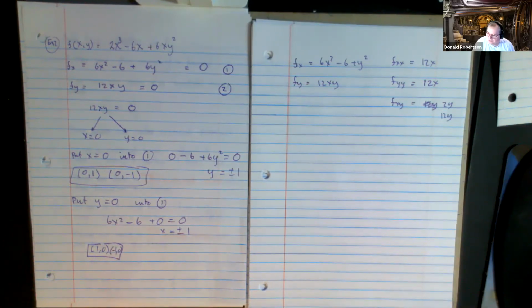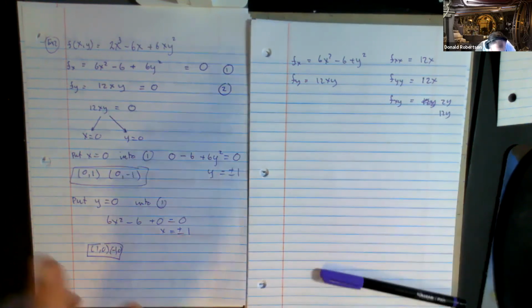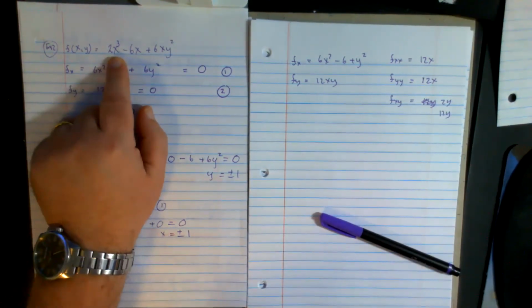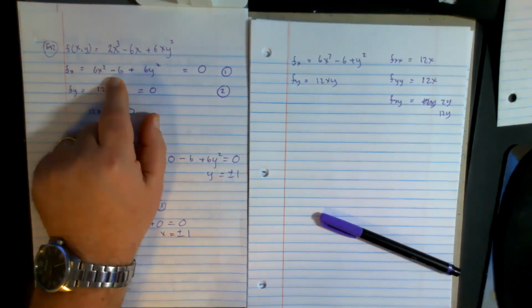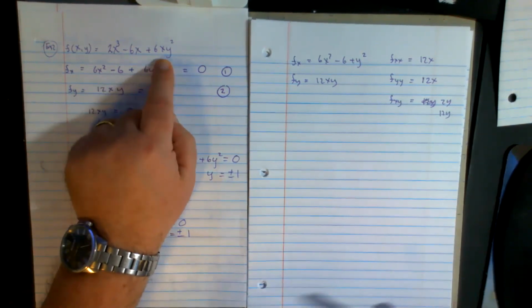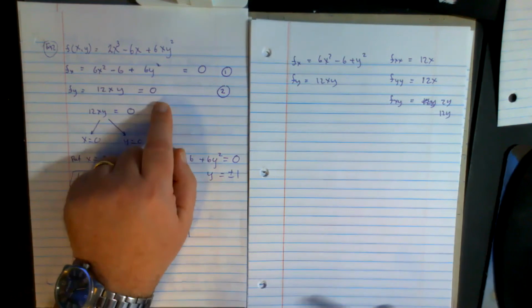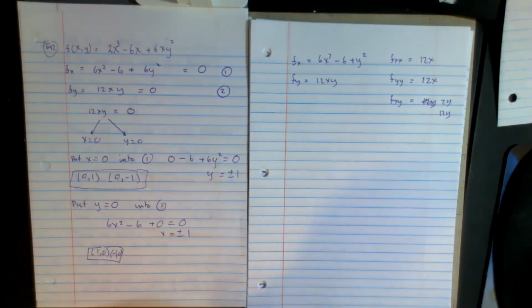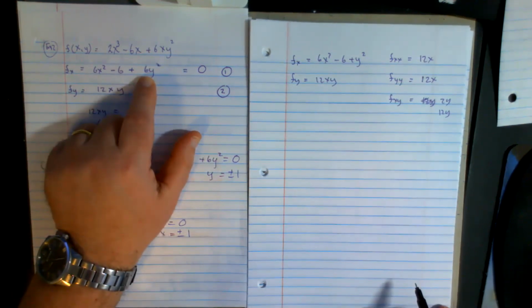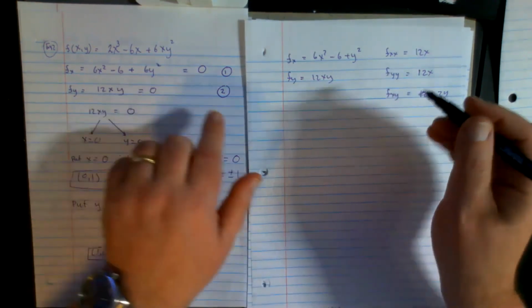Remember Clairaut's theorem, partial derivative xy is the same as yx. That's what's bothering me, so I'm going to go back and see why I can't count. The original function had a 6xy squared in it, so you would have 6y squared in the first derivative with respect to x. That's what you're missing on the other page: it's supposed to be plus 6y squared.